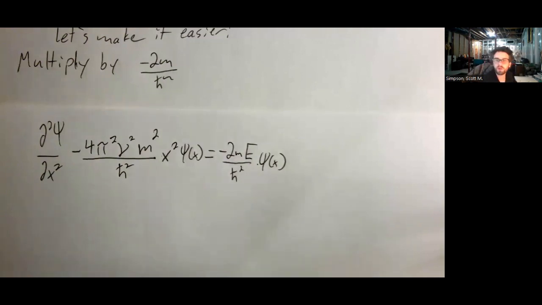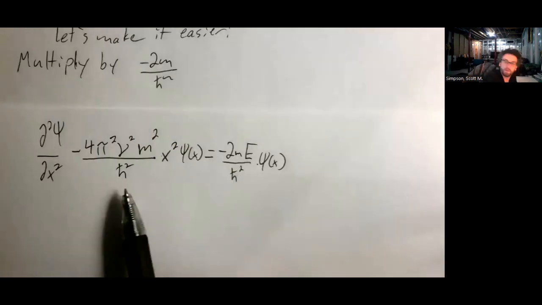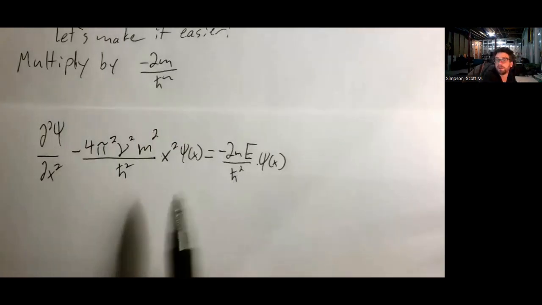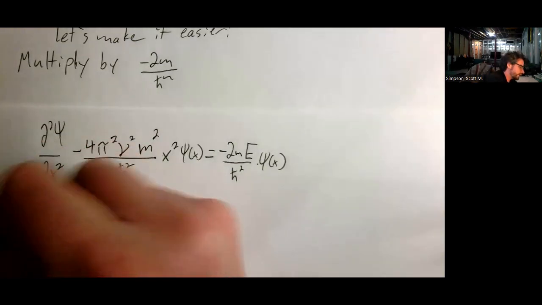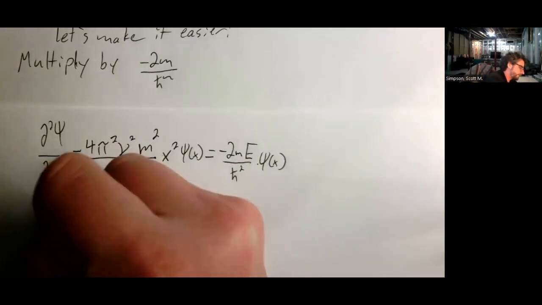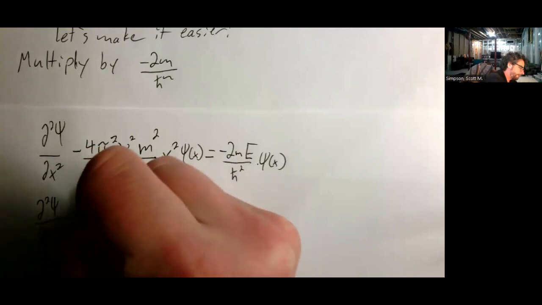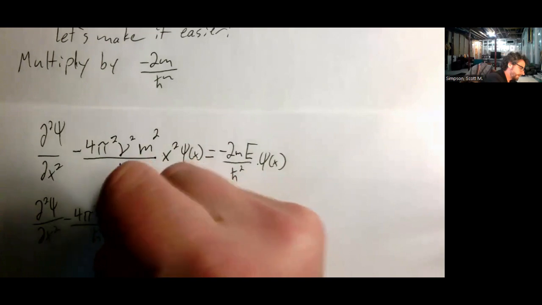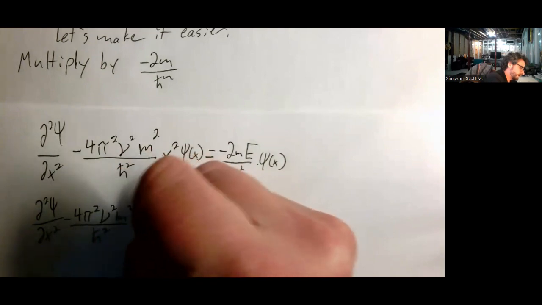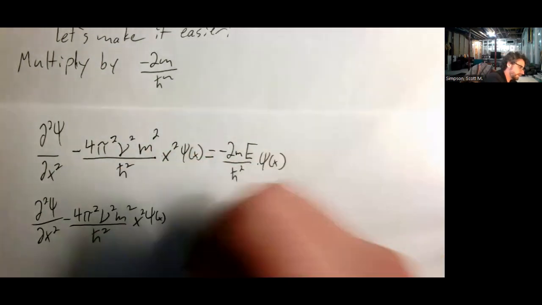Okay. So I said it's easiest if we can get one side equal to 0. I suggest we move this over to the other side because then we can isolate it. This side will become 0. So when we do that, x squared psi of x, this becomes a positive.